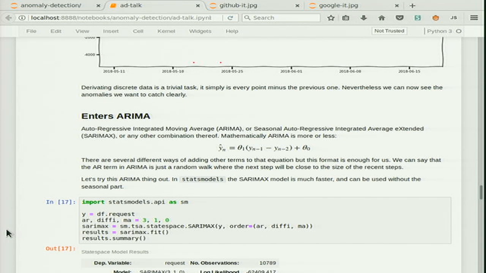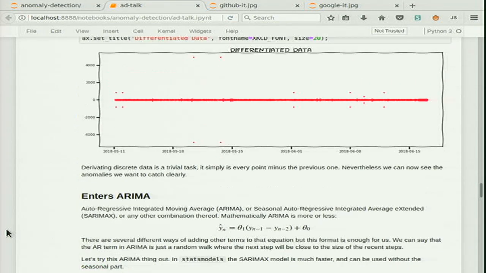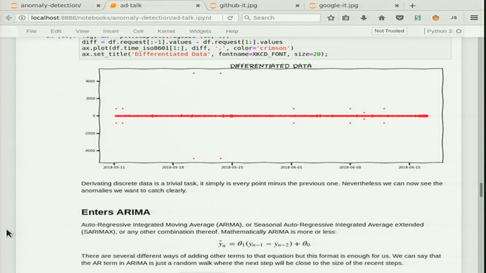Then you look at how the data actually is today. So you get an ARIMA, it tells you how the data should be today, then you get the data today, you compare, and you see how it differs. So in this case, if I say what's the normal data, I would expect it to always be 0, right?